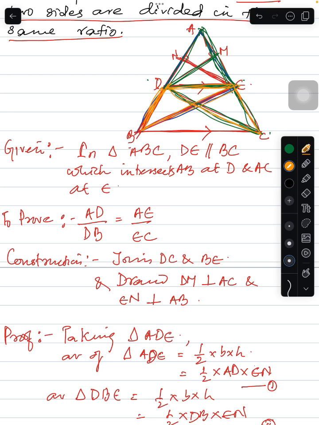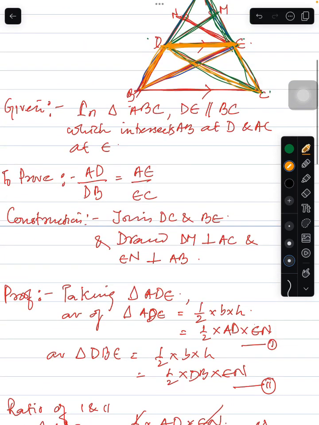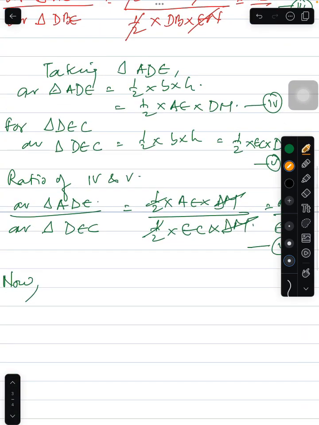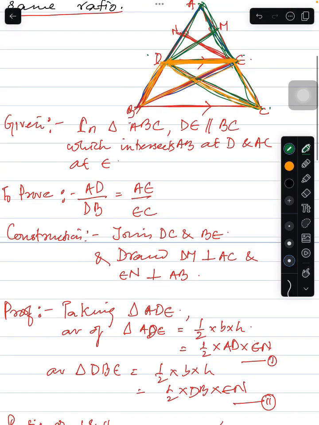These two triangles are on the same base DE, no? So what we can write is triangle DBE and triangle DEC. So check if I'm right.